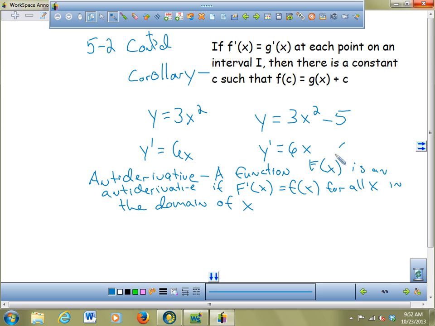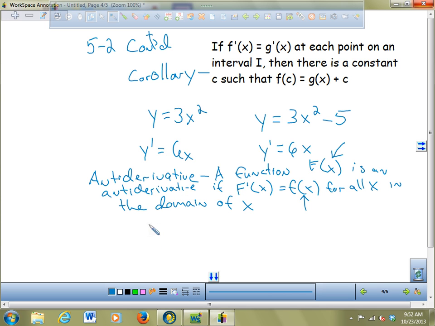The derivative of the antiderivative is f of x, which is the same as the derivative of big F of x. So don't worry too much about the big versus the small.